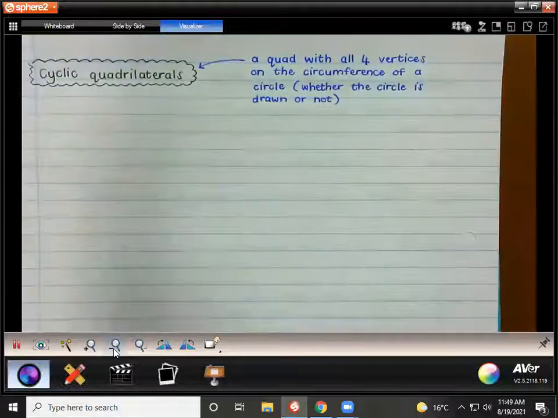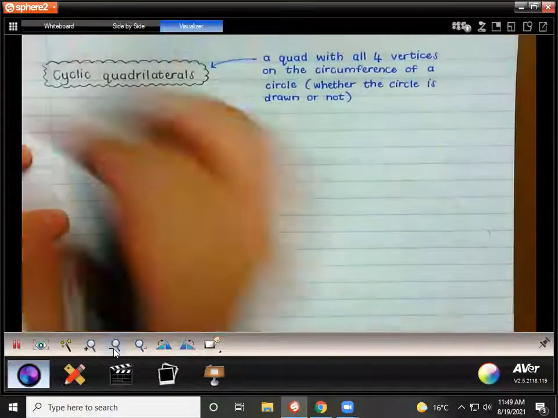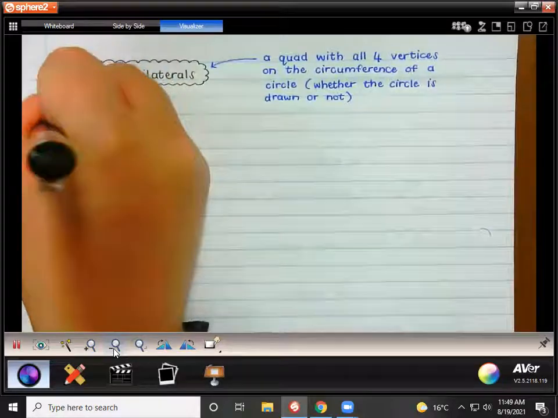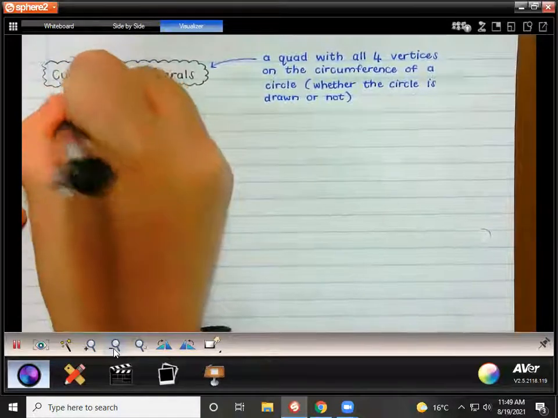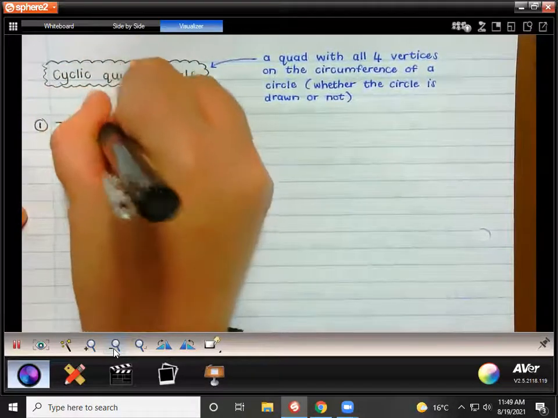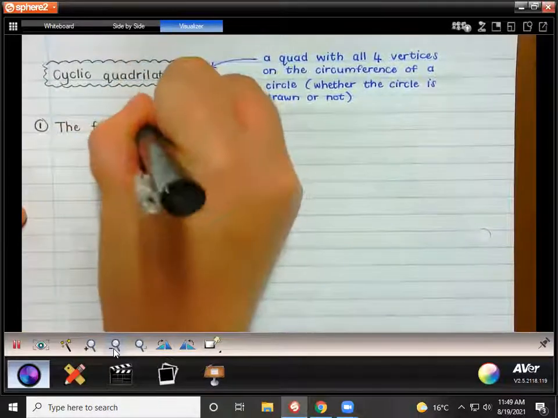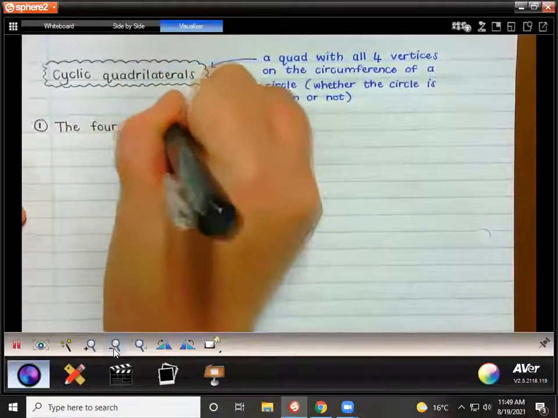Okay, so now properties of a cyclic quad. Let's write this down. This is very important. The first thing that we need to know is that the 4 vertices are called concyclic. That's just a terminology thing.